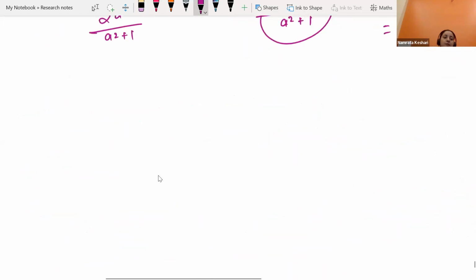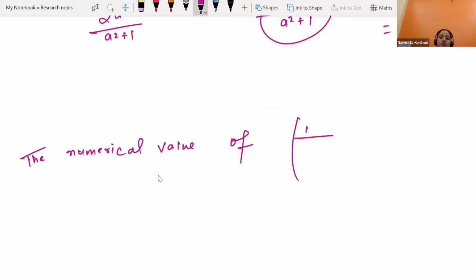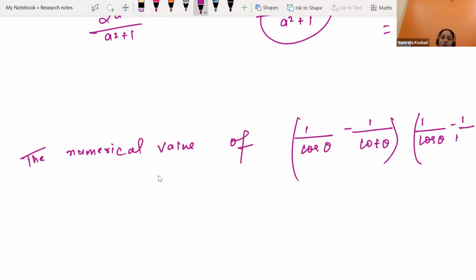Please do this one. The numerical value of (1 by cos theta minus 1 by cot theta), (1 by cos minus 1 by cot).